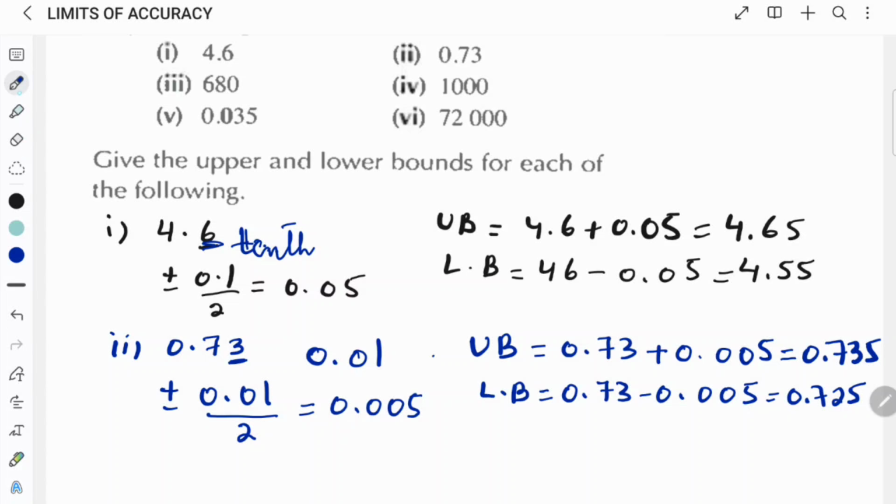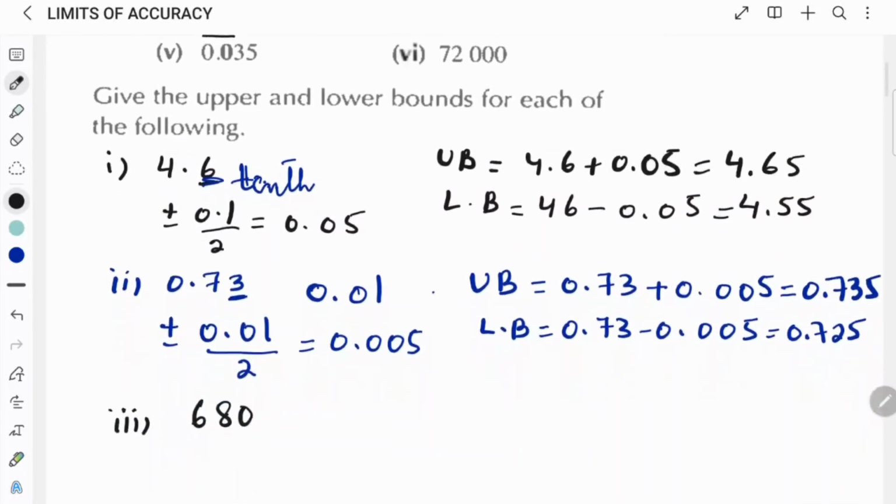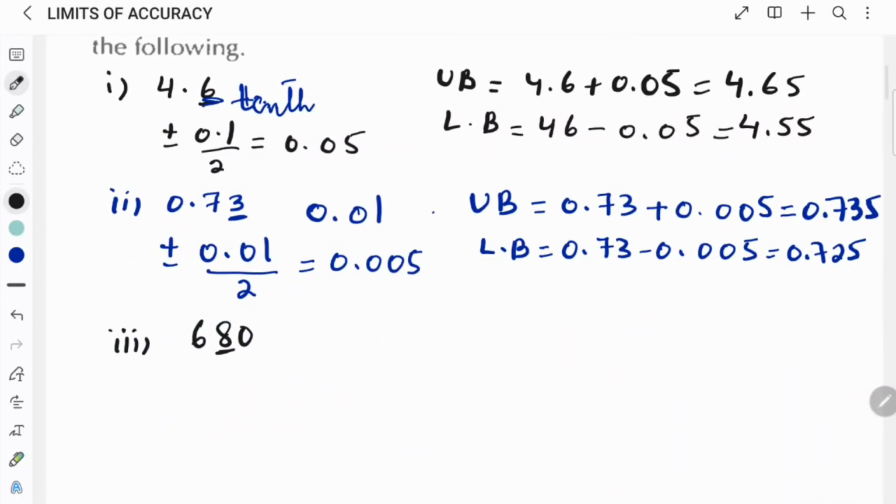Okay, so now we are going to do part 3. In the third part, we have 680 corrected to two significant figures. Remember every question, the second significant figure number is the 8, which is the tens number: unit, then tens, then hundreds. So it is corrected to tens.